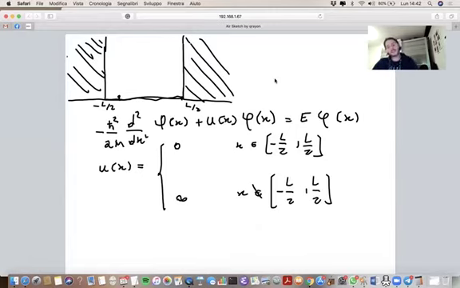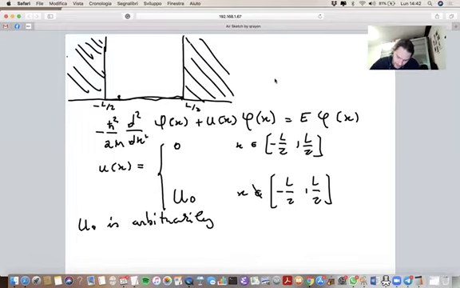Well, like I said the other time, we might want to be a little bit more precise mathematically, and we might say, okay, we don't like to handle infinities in mathematical derivations. So let's say there's a constant U naught, and U naught is arbitrarily large, which essentially amounts to imagining that there is a finite barrier outside.